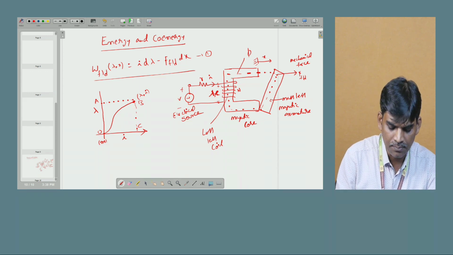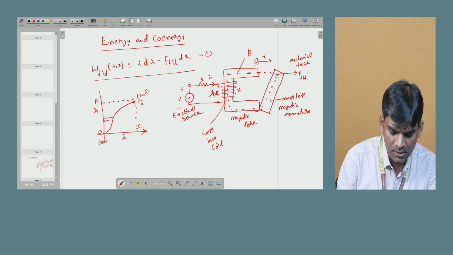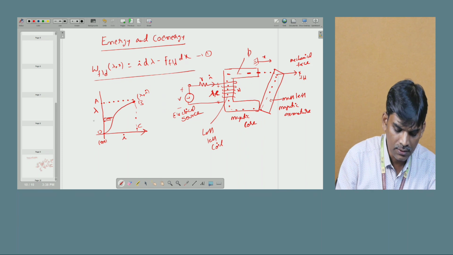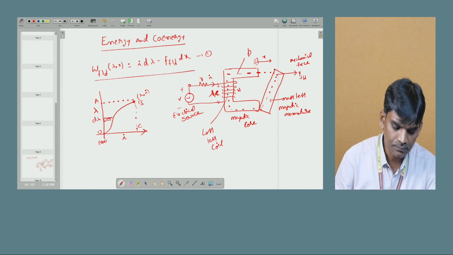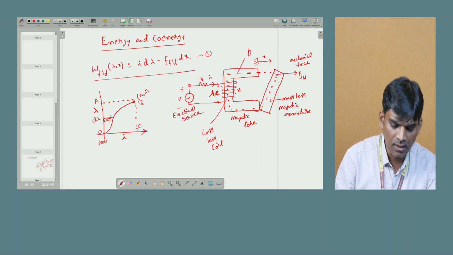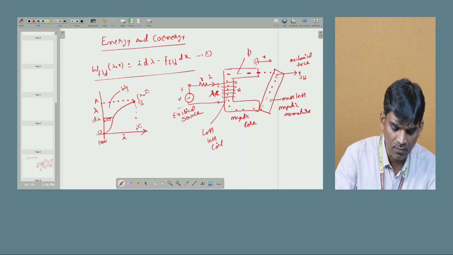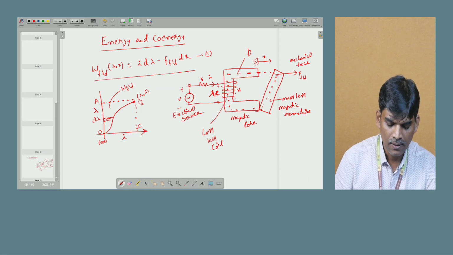You want to calculate the area, so it varies like this, this portion. This is called d lambda. The integral of i d lambda gives the energy. That is why this portion, the triangle OAB, is called the field energy.